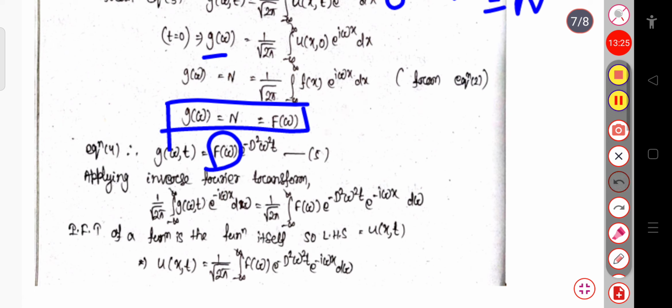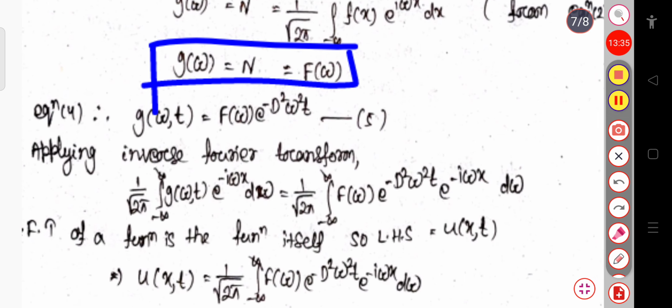Now you can see that if I apply the inverse Fourier transform to this equation, that is equation number 5, on the left hand side we have g of omega t, which we want to take the Fourier inverse of. So this will be 1 by root over 2 pi integration over minus infinity to plus infinity g of omega t into exponential minus i omega x, since for the Fourier transform we considered exponential plus i omega x, into d omega.